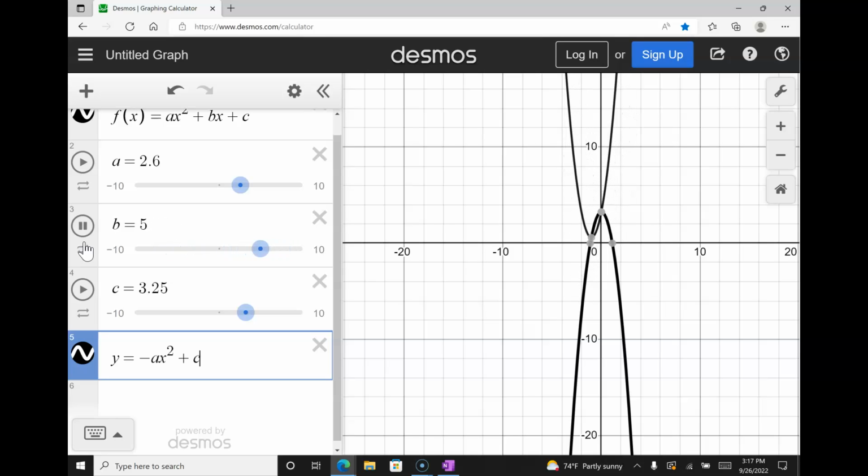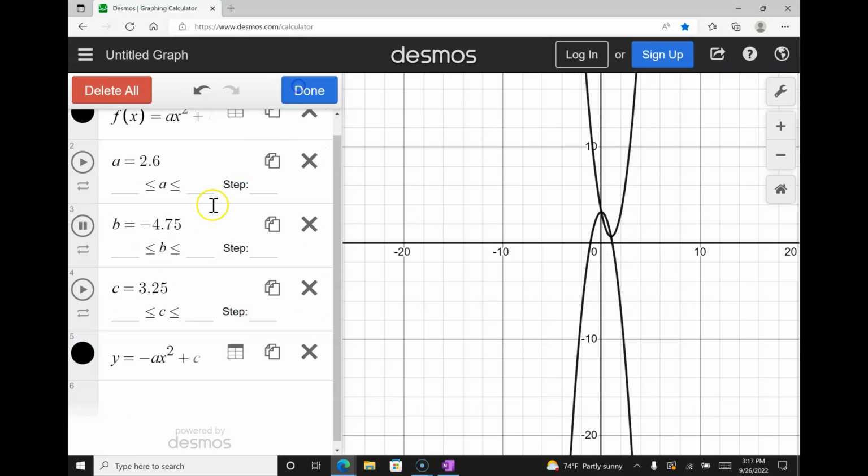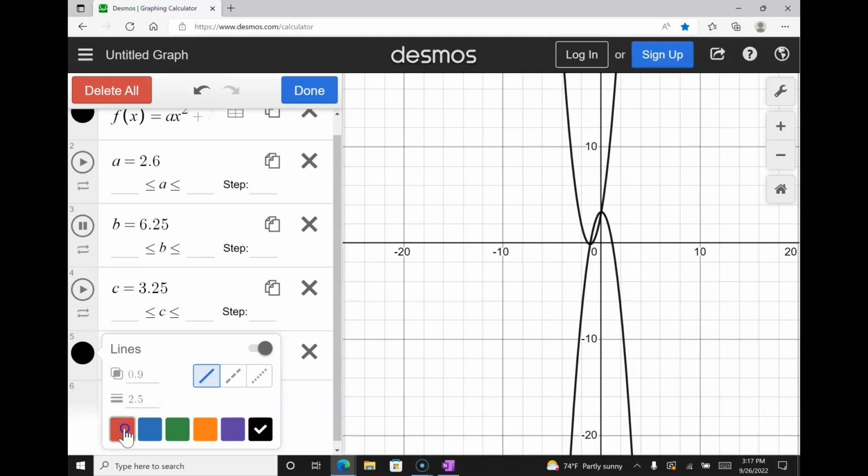Here it is. Let me change that color. So it's moving around that vertex when B is 0 and A is reflected.